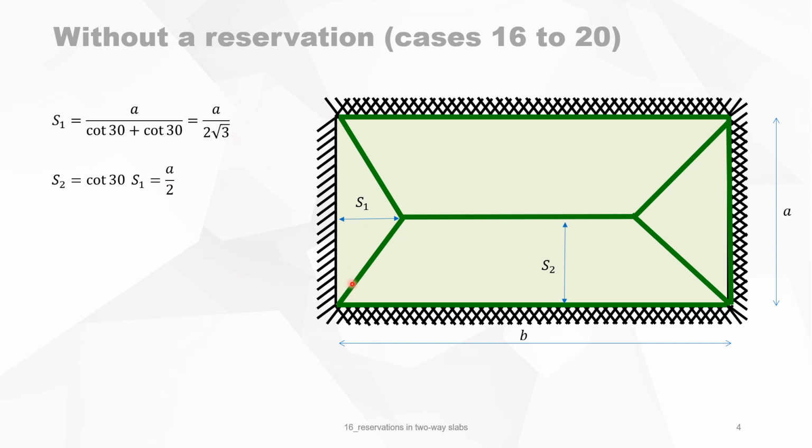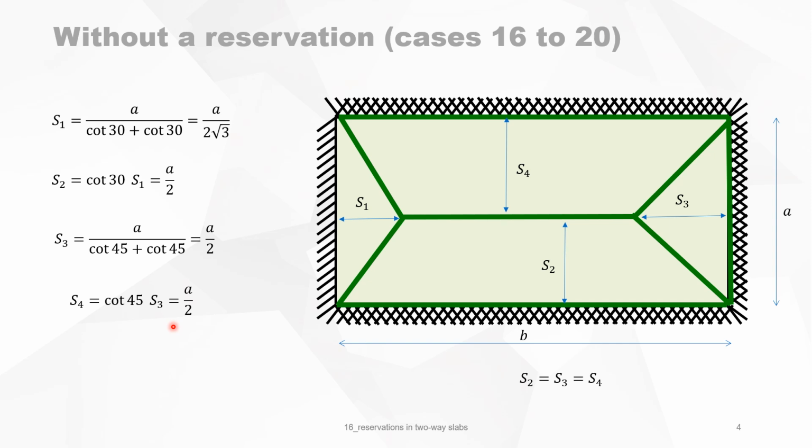It's obvious because of the symmetry. Then S3 on this side, again we use the cotangent rule and we find a over 2, and S4, because this is 45 degrees, S3 and S4 must be equal, so S4 is a over 2. So S2, S3, and S4 are a over 2, and S1 is a over 2 square root 3.